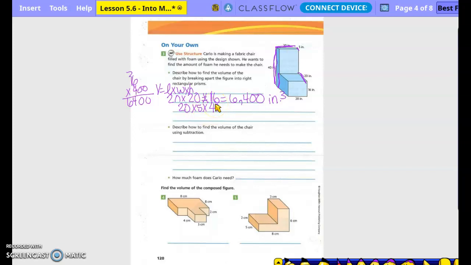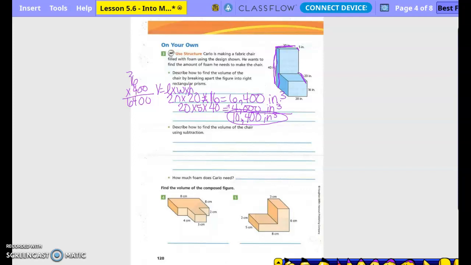Okay, so what is 5 times 20? 100, and then times 40 is 4,000. So if we add those, then we get 10,400 inches cubed, right?